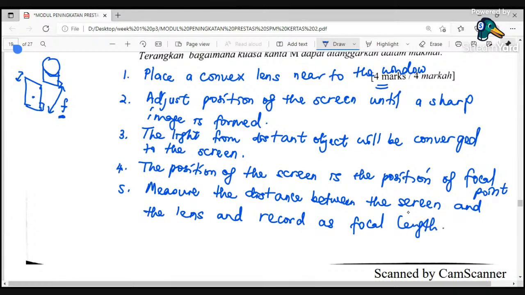Okay, so 4 points at least, 4 points. So this one is one sample of answer. How you can measure or estimate the focal length of the lens.